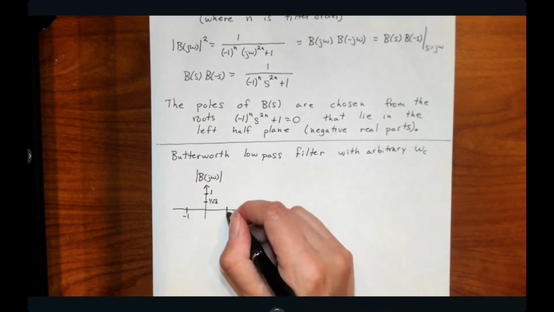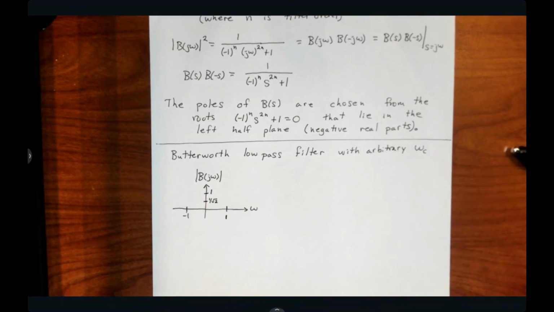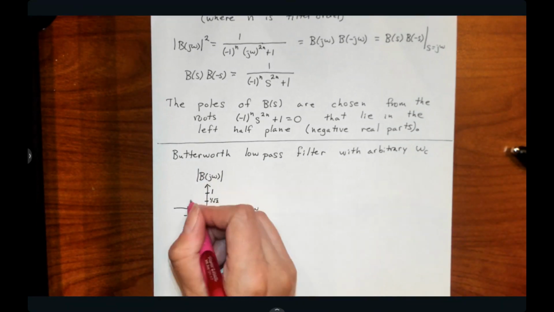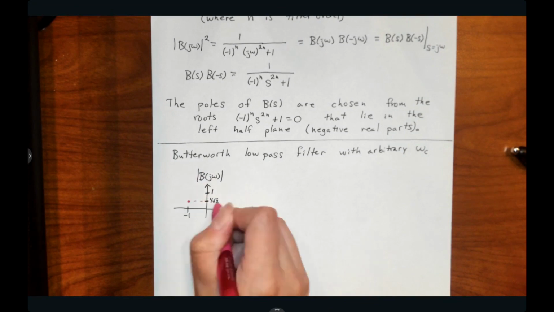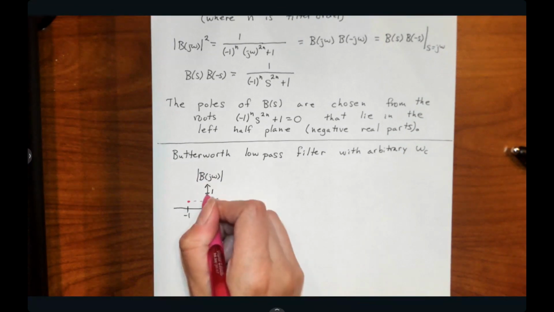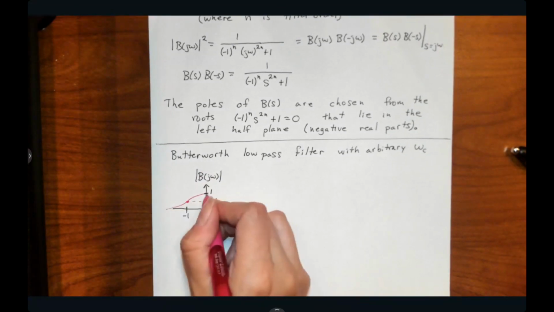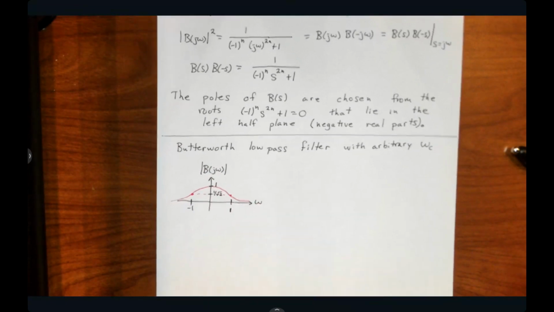And so our original Butterworth has a cutoff of 1. All right, so we have something like that.